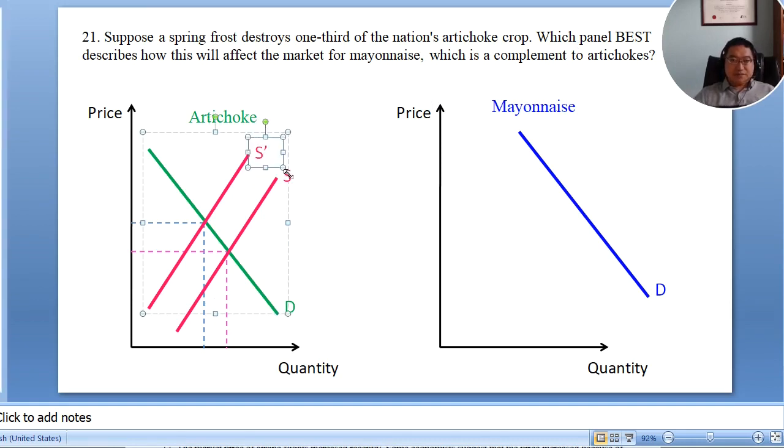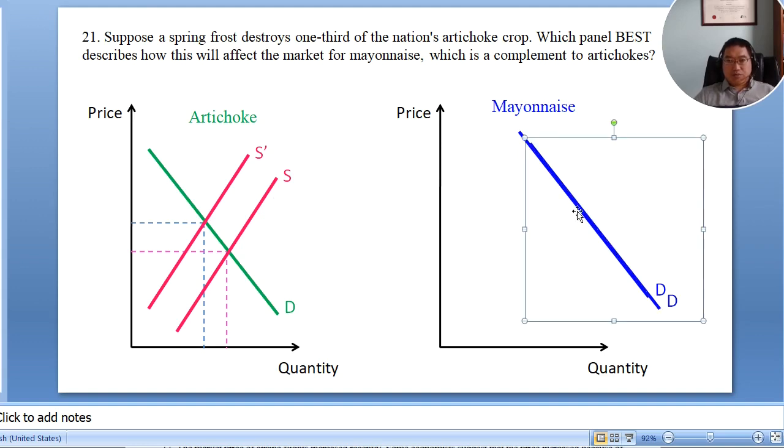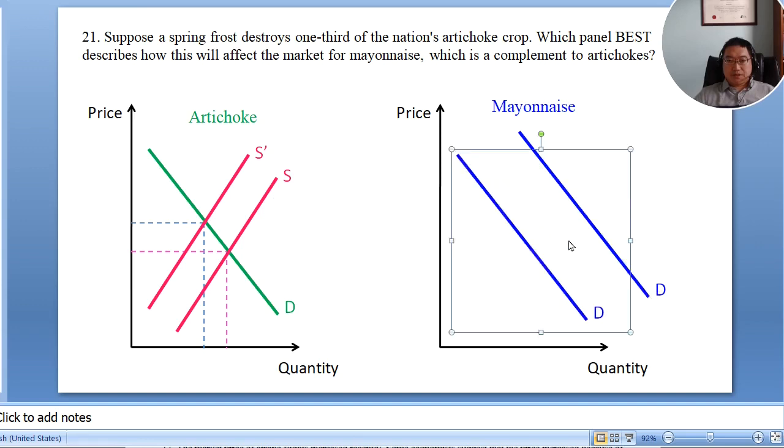They don't get enough. I just use a prime to mark the new supply. Supply decreased. And then people eat less artichoke, with how much mayonnaise? It has to be less mayonnaise. So D prime is the new demand curve for mayonnaise.